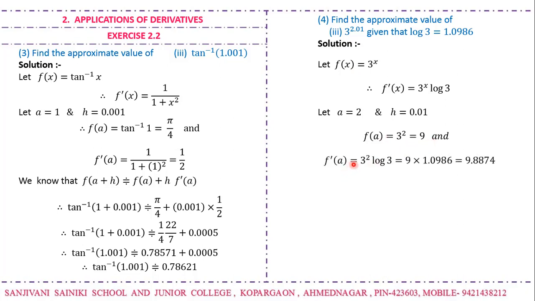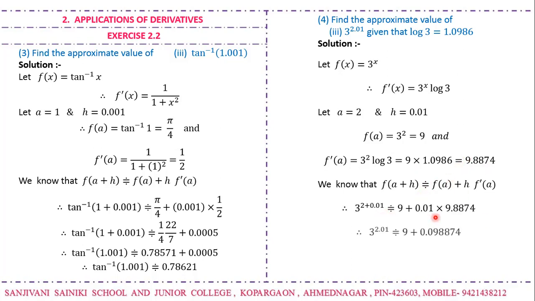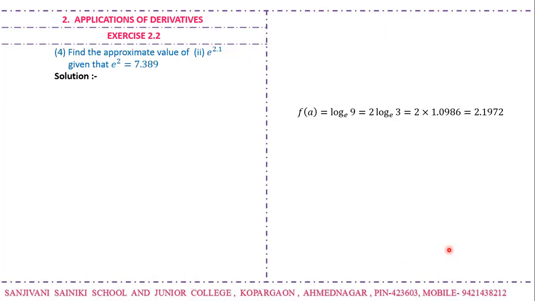F dash at a is 3 square log of 3, but log of 3 is given as 1.0986. Take their multiplication, you get 9.8874. Now f of a plus h is approximately equal to f of a plus h f dash at a. Put those values in this formula and go on simplifying. 3 raised to 2.01 is approximately equal to 9.098874.